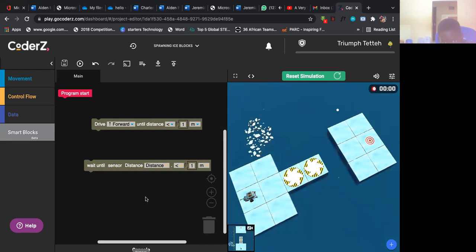The other one, the drive forward until distance, means that the robot will be moving and then it will only stop when the distance is less than the number. Please, do you understand the difference? Hello? Please, do you understand the difference between drive forward until distance is less than 1 and wait until sensor distance is less than 1? Yes. Okay.